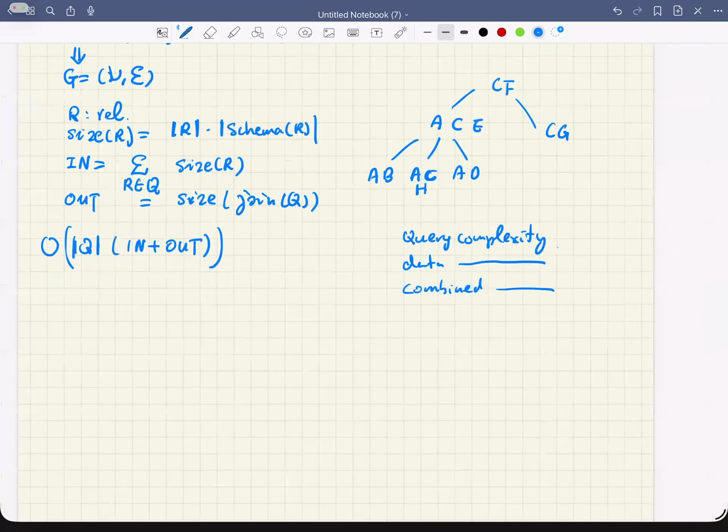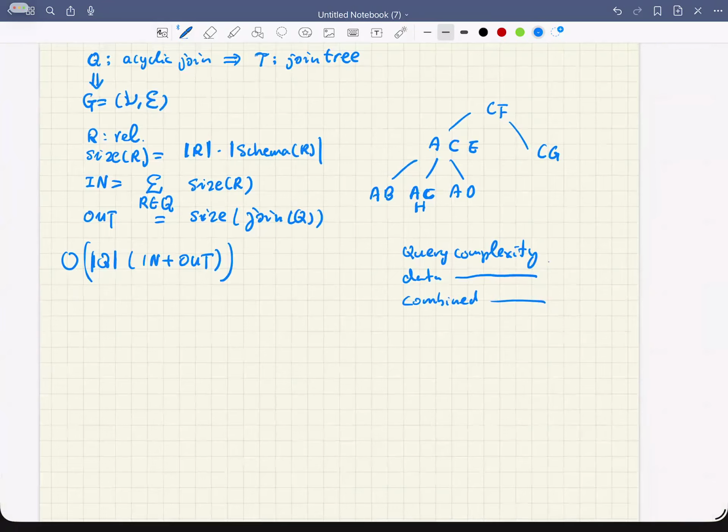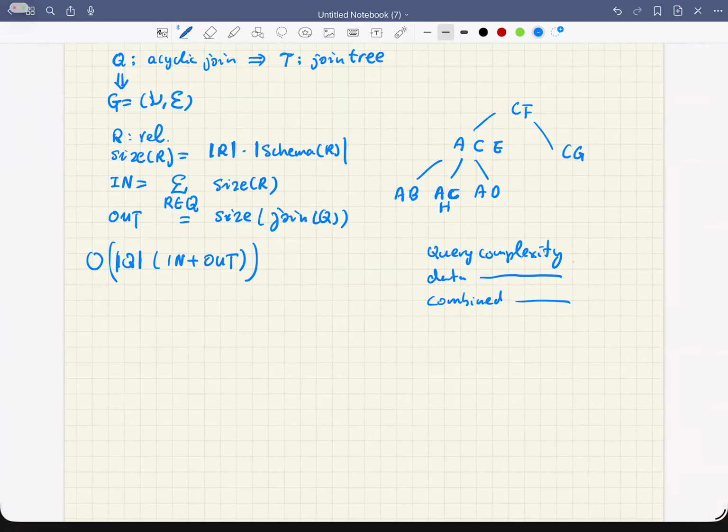Now you already know that things are quite efficiently doable if you have acyclicity, right? So that's why, when we talk about acyclic queries, I always present things in the combined complexity mode, okay? But if you deal with arbitrary cyclic queries, things would go much more difficult, right?